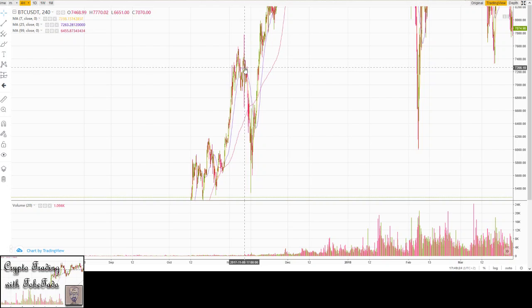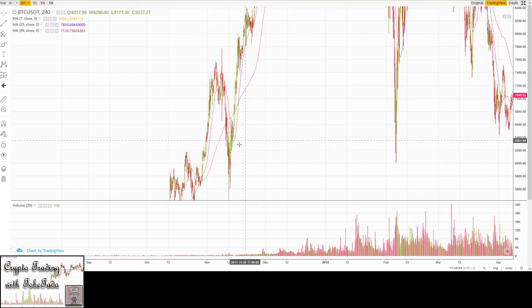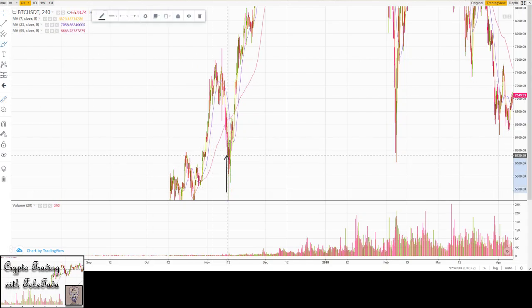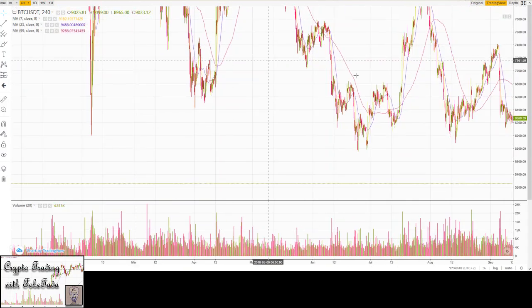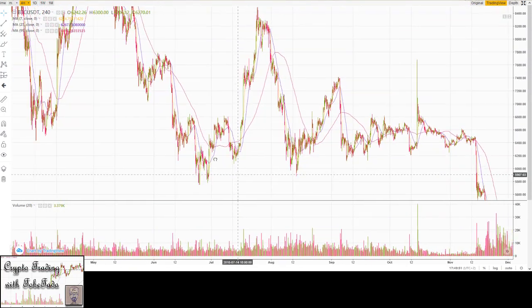This would be 8th of November to 12th of November, so about 4 days, and another 4 days you had an equal gain again here if you look at this part, an even stronger gain. And that is, I think, really important to keep in mind when you're looking at these charts.